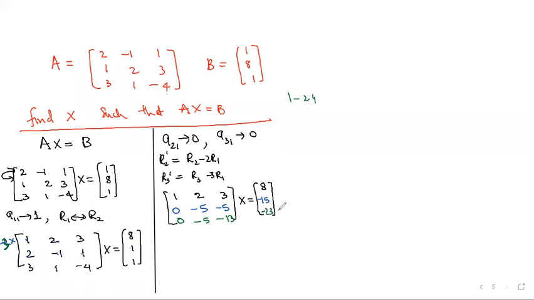Sir, I'm not getting this second step. Why to multiply by minus 3 and minus 2? What is the formula? Did you understand the formula? Give me the meaning of this formula. R2 means what? R2 minus 2 times R1. R1 is to be multiplied by 2, right? So R2 minus 2.